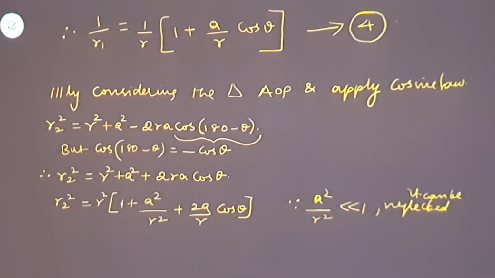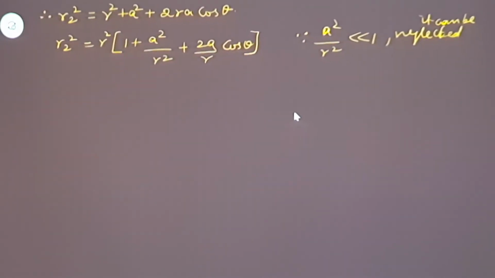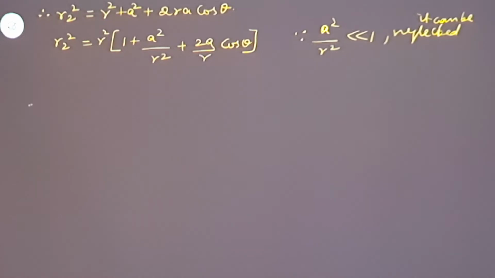Okay. So if you are neglecting this, what is the answer? When you are neglecting it, the answer that you are able to get is R2 square is equal to R square into 1 plus 2A divided by R into cos theta.